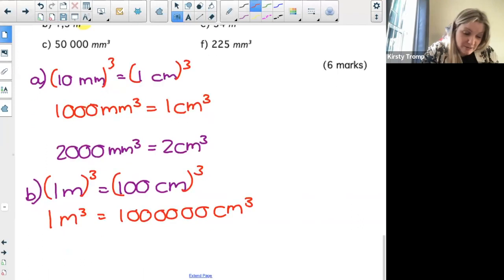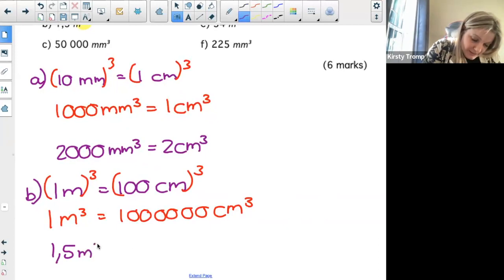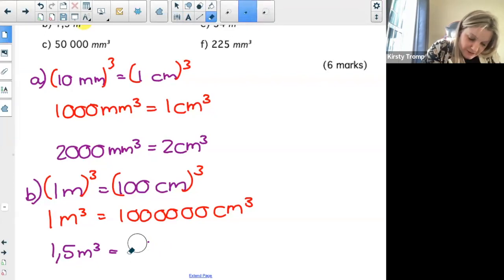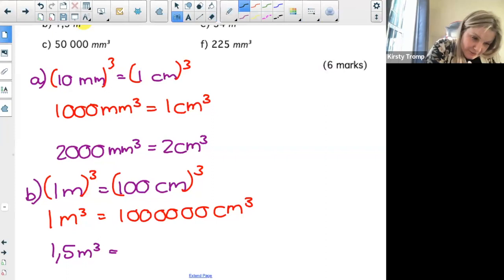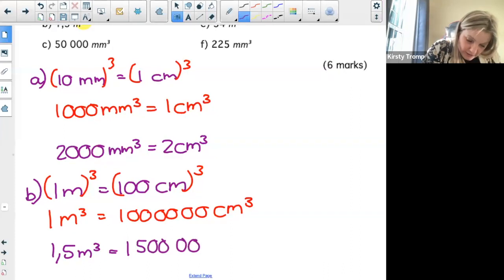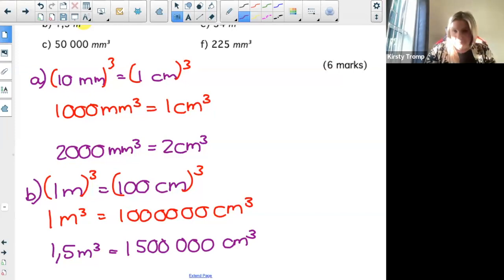So that means if I have 1,5 meters cubed, it means I'm going to have 1,500,000 centimeters cubed. Sorry, apologies, guys, going too fast again.